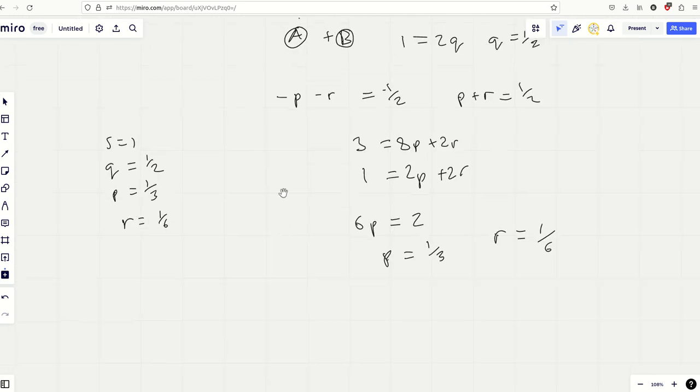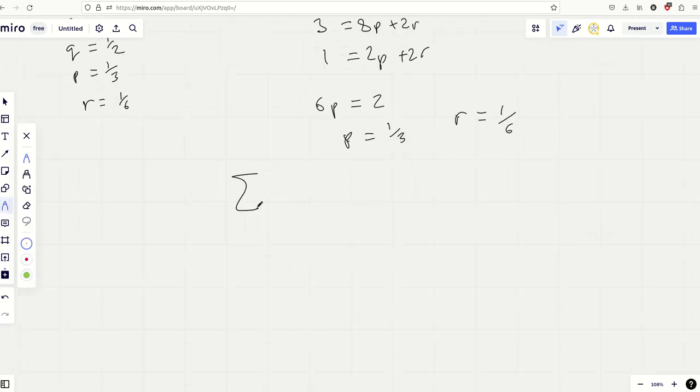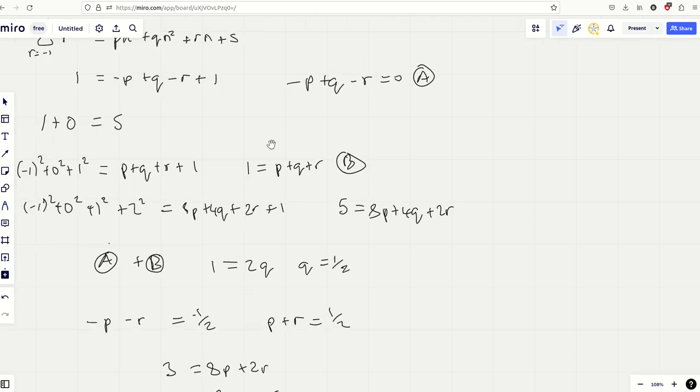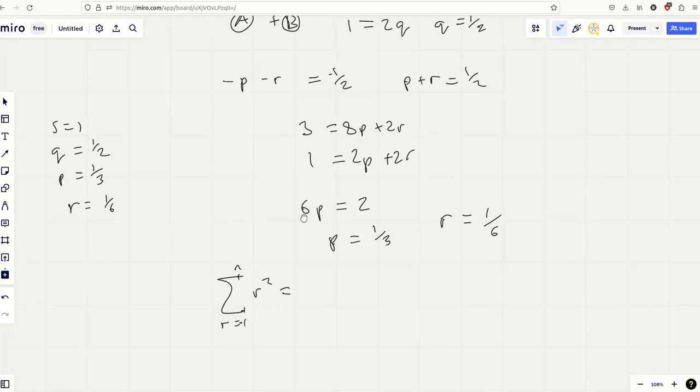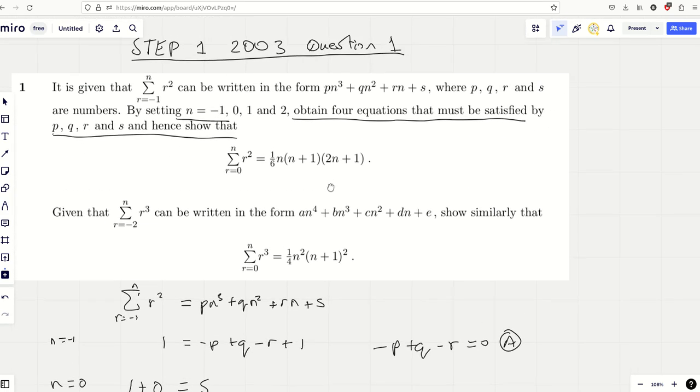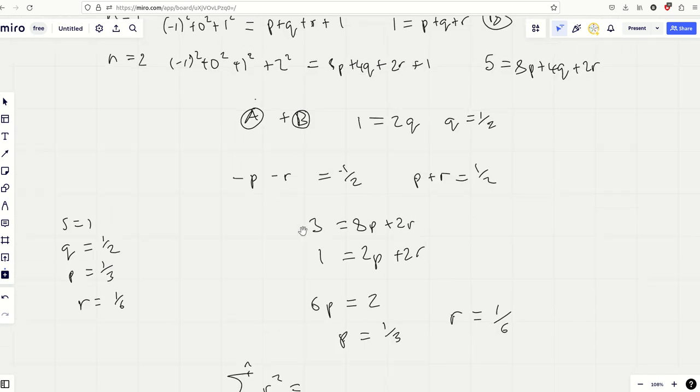Because we've found out, let me write it down nice and clear, because sometimes it's nice to have it nice and clear, that the sum of r squared from minus 1 up to n is the quartic with fractional things. It's what was p? A third, a half, a sixth, and 1.